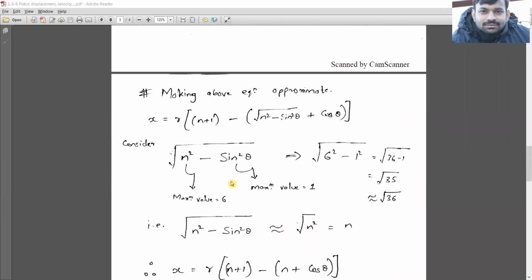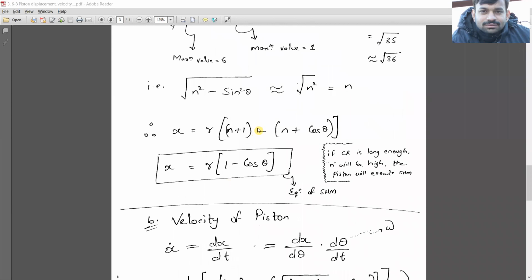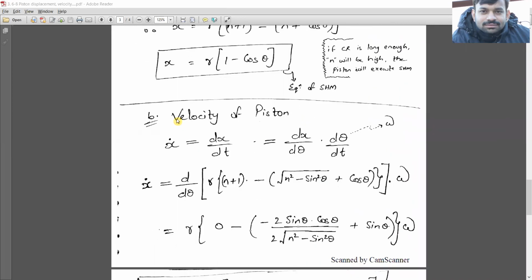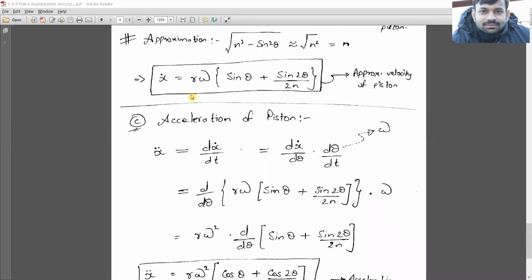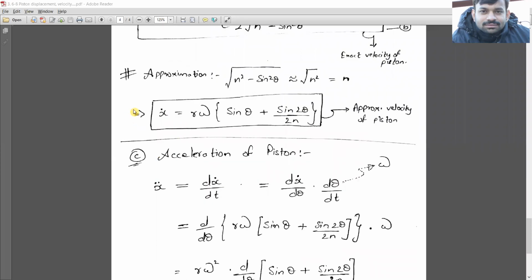In kinematics of piston, we saw the displacement of piston and the velocity of piston. Now the next step would be to find out the acceleration of piston. So again, if velocity is denoted by x dot, then acceleration can be denoted by x double dot.